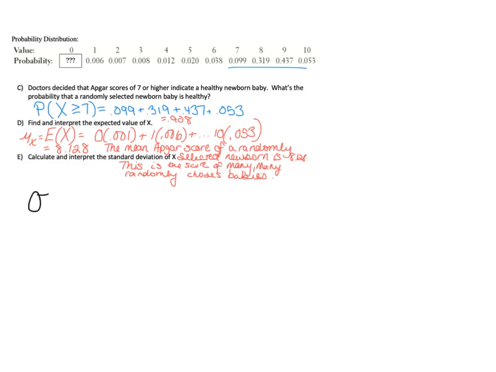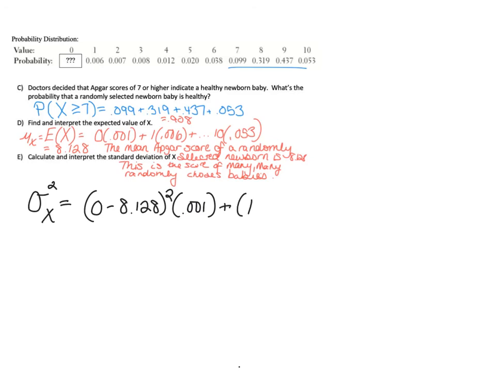So sigma of X, and I usually start with my variance, so that just means I'm going to drop my square root. I take each outcome of the random variable, and I subtract my mean, the 8.128, I square it, and I multiply that times the probability. I'm doing the summation of this.